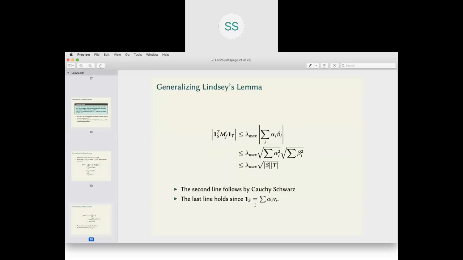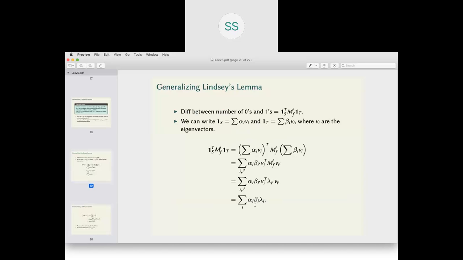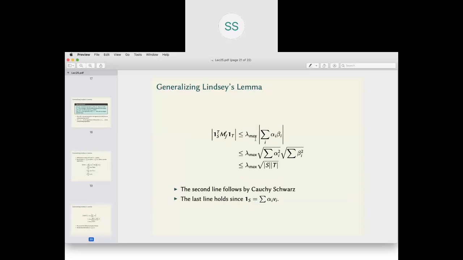Next slide. Let me just take the absolute value of this. This is at most the sum of alpha i, beta i, lambda i. Now, I can take lambda i outside by assuming the largest lambda, which is lambda max. So I took out lambda max times the absolute value of summation alpha i, beta i. Now I can use Cauchy-Schwarz to get this second line. It's straightforward. And the last line is just the norms.